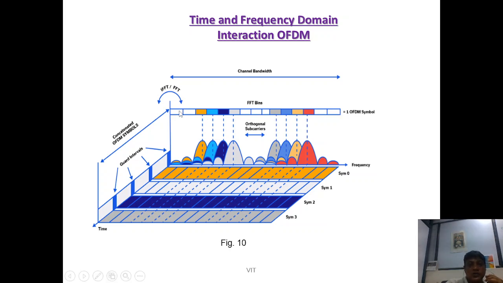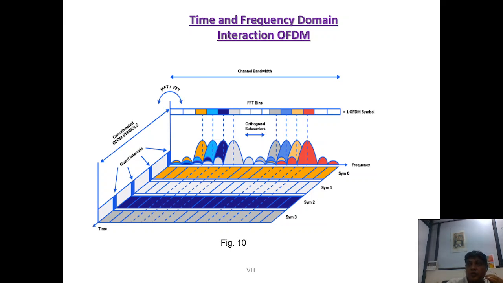So we place 64 subcarriers here, 1 2 3 4 up to 64, making one OFDM symbol, and each carrier will carry one message point.